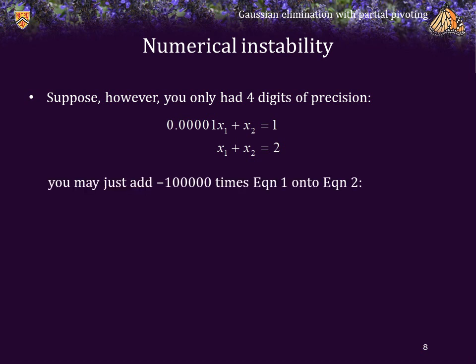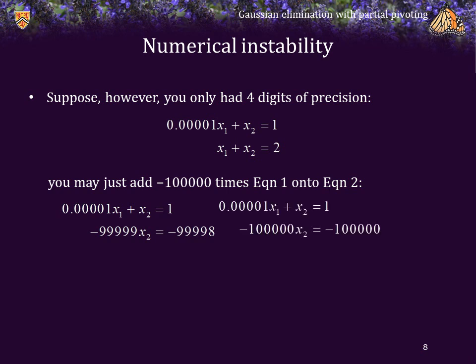I can still add negative 100,000 times equation 1 onto equation 2, and that gives me the following. But unfortunately, those two numbers in the second equation require 5 significant digits to store them exactly. And thus, I'd have to approximate each of them with the closest number that uses only 4 significant digits of accuracy.